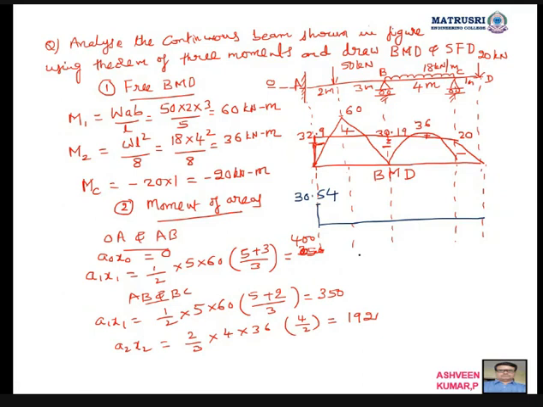Then negative, that is 19.46. Positive, negative, then positive. Here you got 38.55. Again negative, 33.45. Then again positive. How much you got? 20.